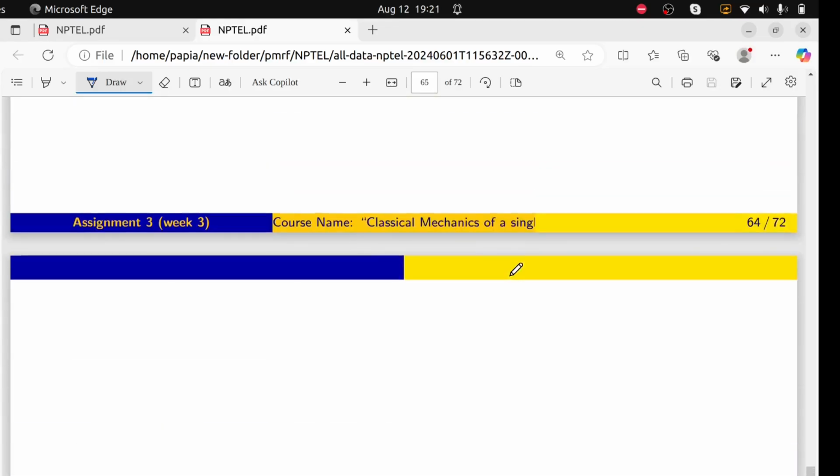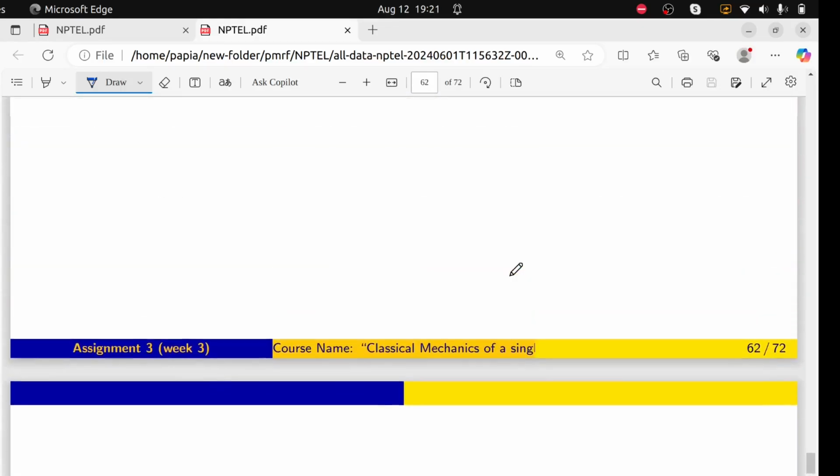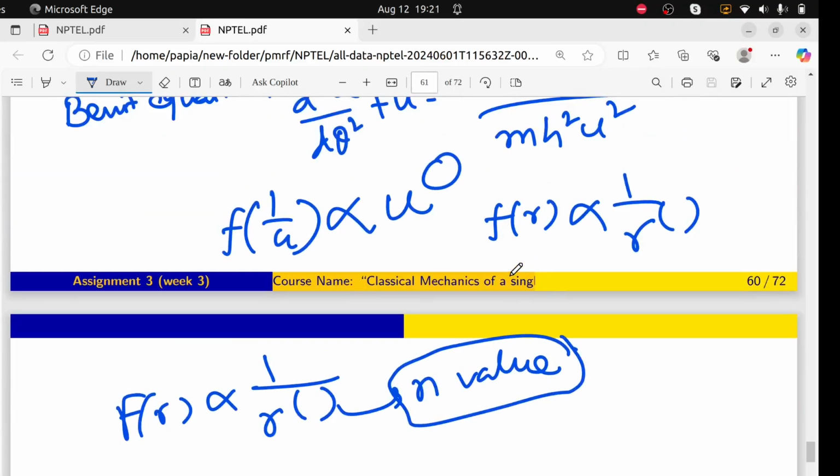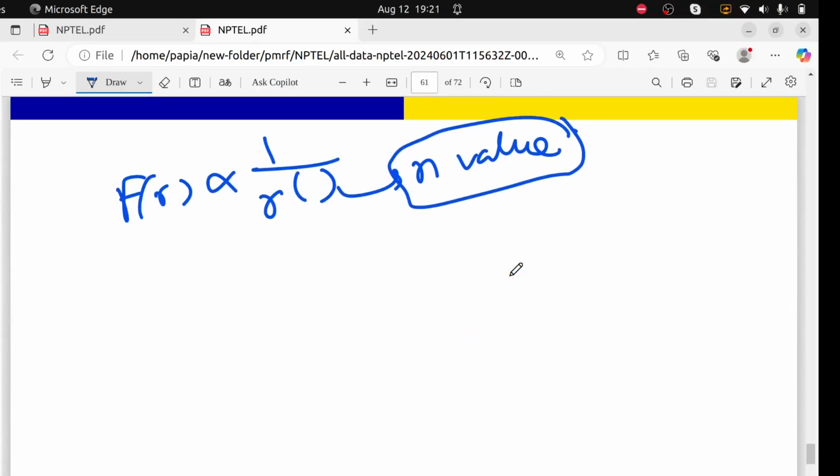So now, as I think I have a little bit of time, let me get the answer to number 9. Okay, so I will just start. r is 1 by u, into 1 minus cos theta.